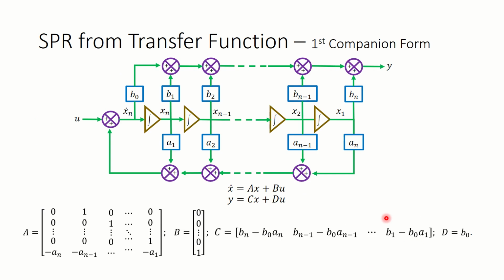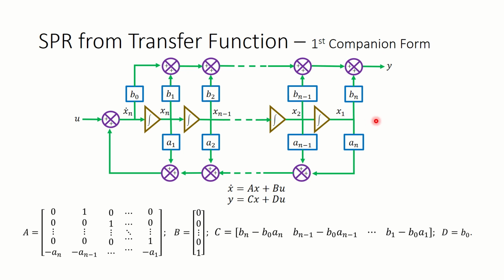And now we look at the block diagram. So this block diagram comes very straightforward from the SPR. So this part remains the same, the chain of integrators, and the lower part of the block diagram remains the same because it is what was forming the state dynamics. Now we have to form the output. The output has to be formed differently.